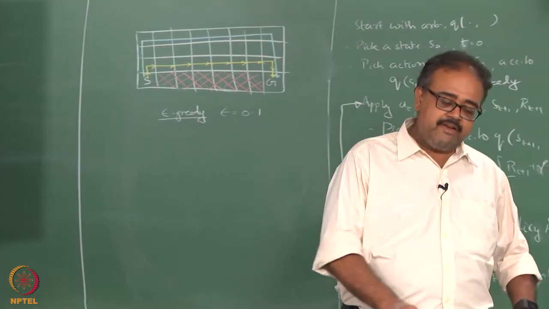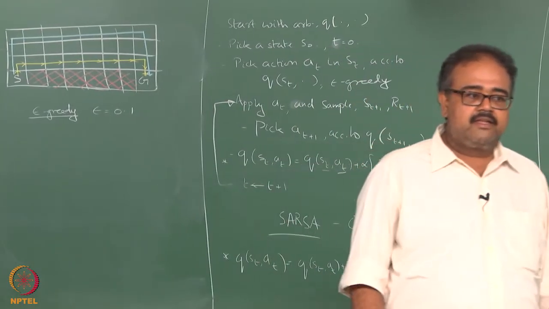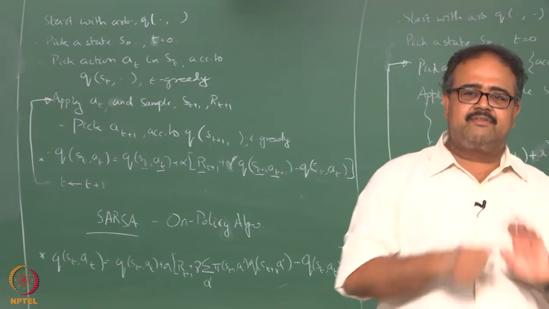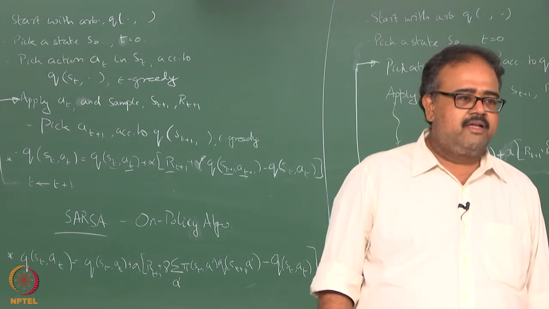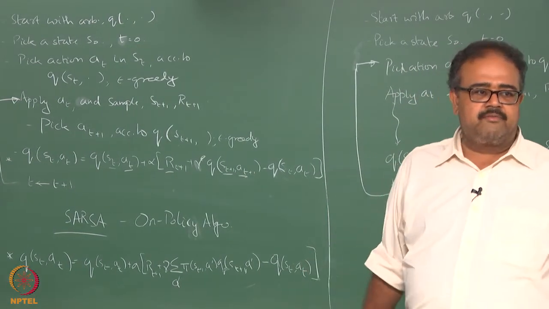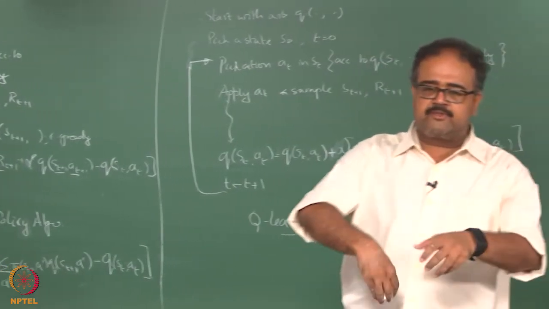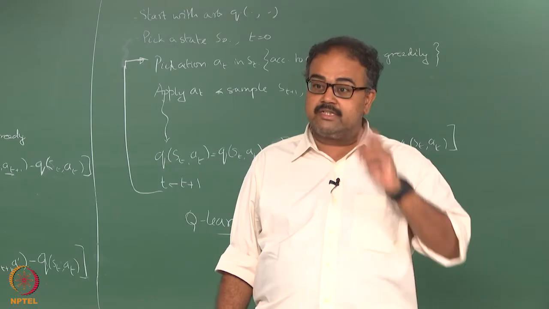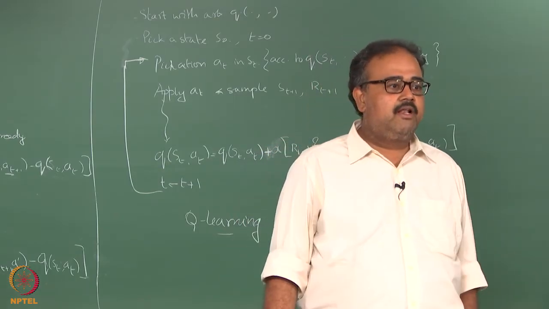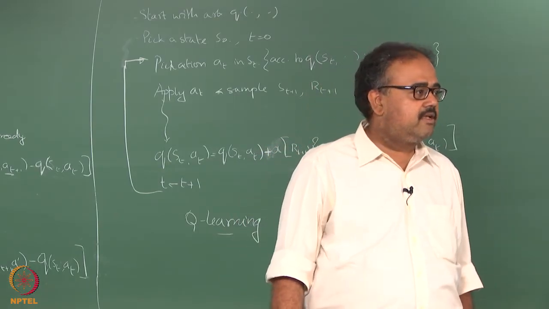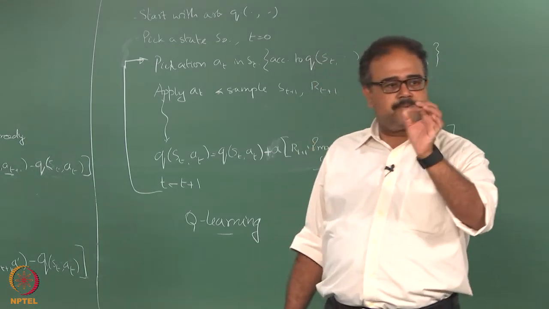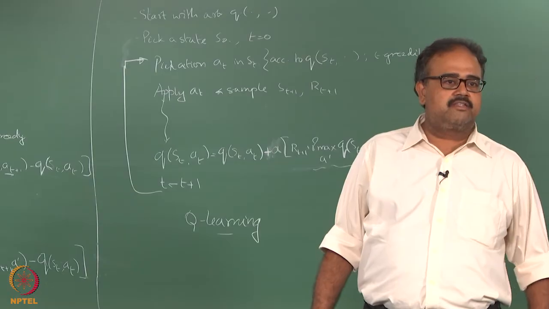So if you are convinced that the world is not changing, then great, you can start behaving greedily after some time. But there is a chance that the world might change, or suppose you are a robot learning in a world, right. It is possible that obstacles can be moved around, right. So you do not want to become so rigid that you are completely unadaptable when things change, right. So that's ruinous. So you want to keep the option of being able to explore and discover new things.